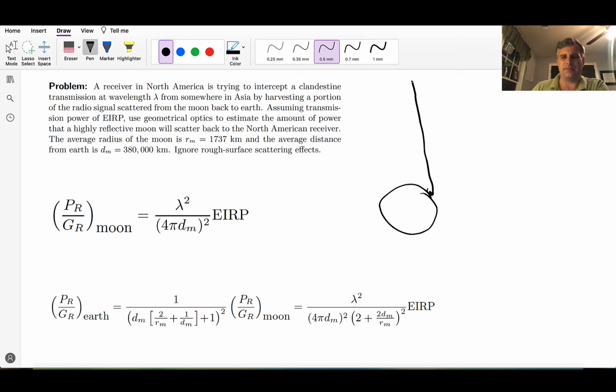It's going up. It's striking the moon. It's reflecting back to Earth, where the signal is being captured on the other side. So we have a distance traveled of approximately 380,000 kilometers.